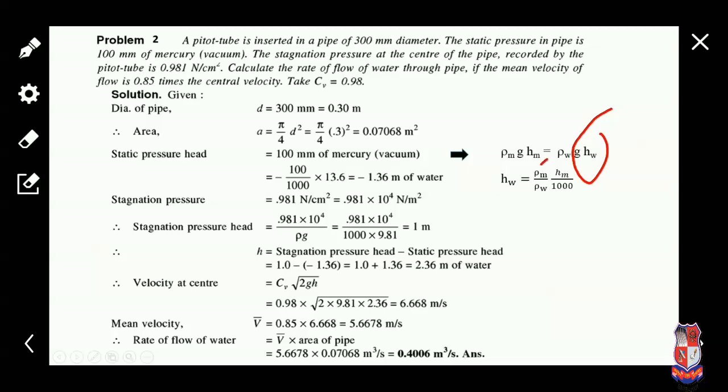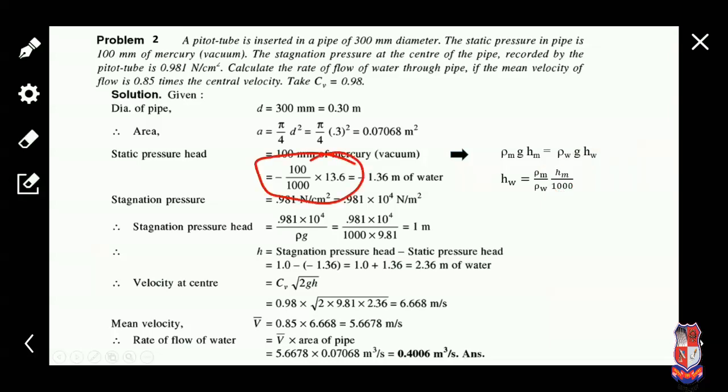So it's the ratio of the density of mercury upon the density of water, times Hm, the height of the mercury column, divided by 1000 because it's given in mm, so we convert it into meters.